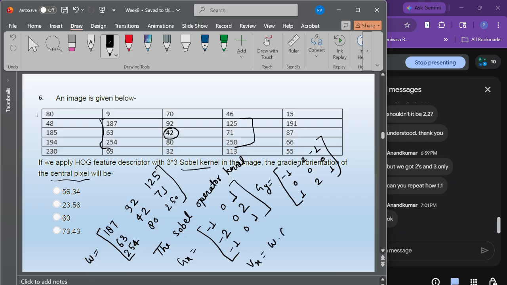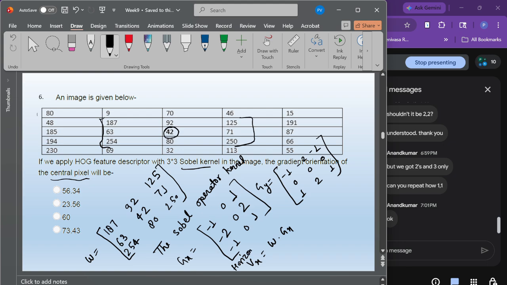So W into Gx gives the horizontal gradient Vx. Just multiply this matrix with this matrix. We simply multiply row by row.